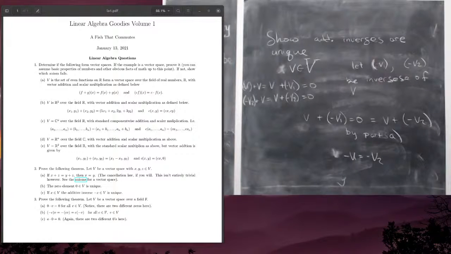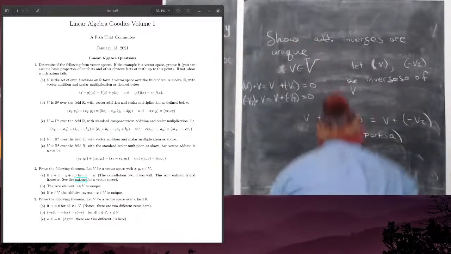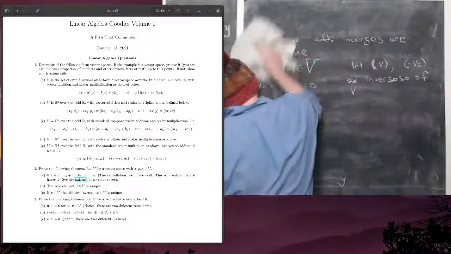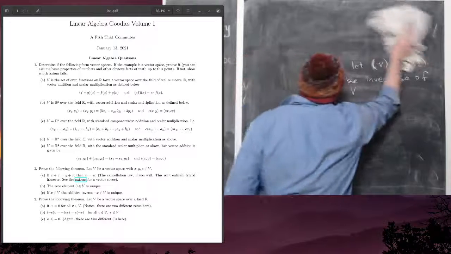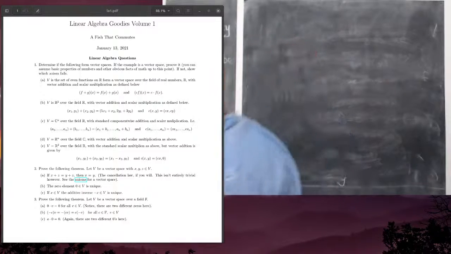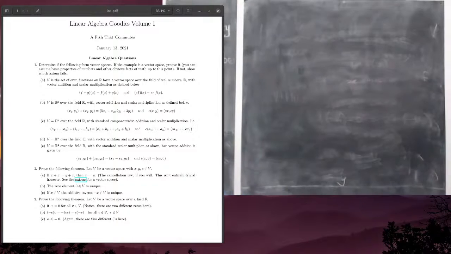So number 3 is more of this same silliness. Show that 0 times V. This is a good one to finish too, because these kinds of things illustrate the difference between the zeros. So let's show that 0.v equals 0.